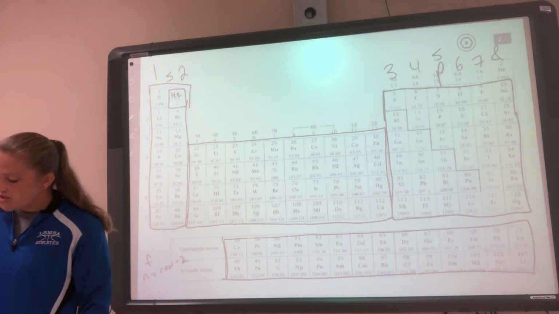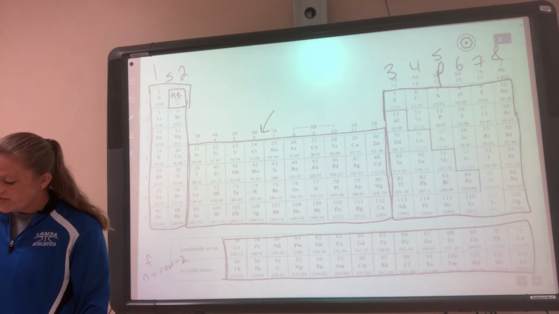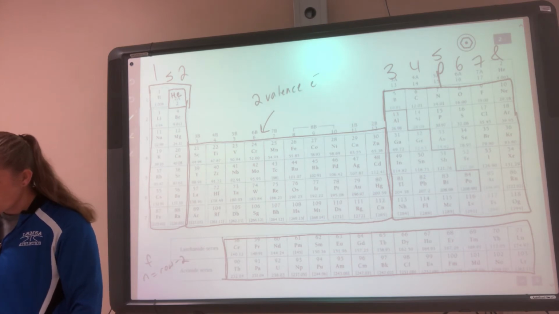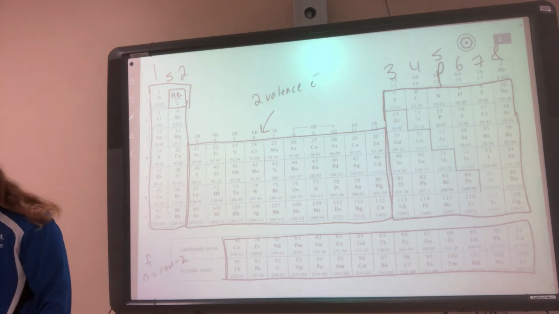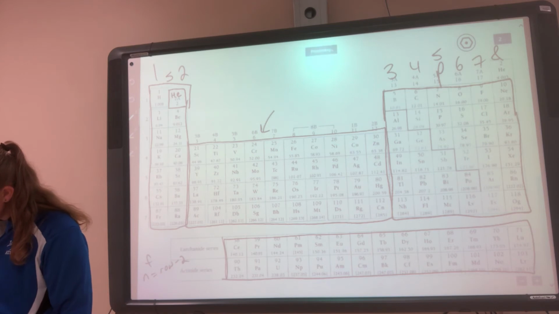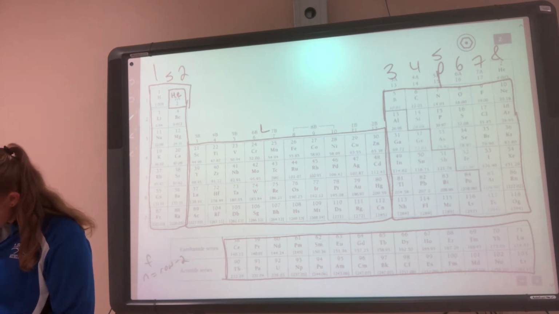If it is a transition element, so if it's in my d block, they will always have 2 valence electrons. All right, so we can practice this to see why it always has only 2. Let's write our electron configuration for Sc, number 21.